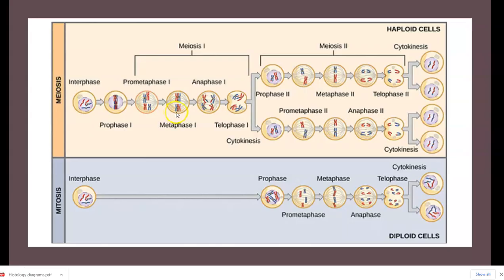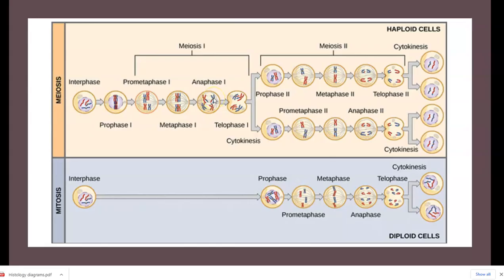In meiosis 1, you have the homologous chromosomes, so they're lining up basically in a double file. Think about a buddy system line where you've got 2 people in line, so a double line across the equator of the cell. And then you have the pulling apart of those homologous chromosomes.